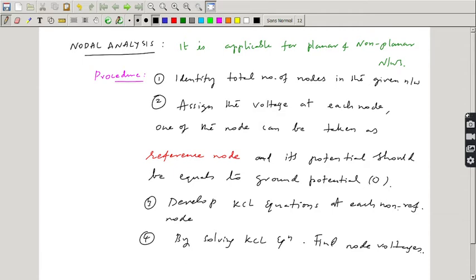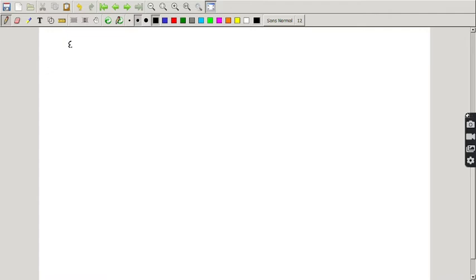Okay, let's see a simple problem. Take an example. Find the node voltages in the circuit shown below.